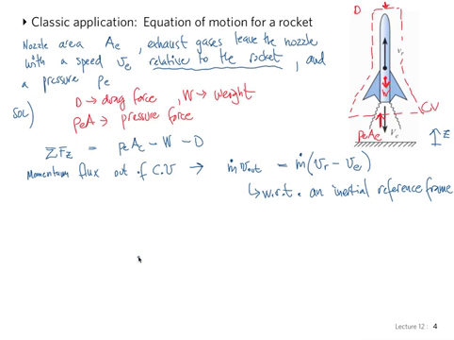And there's also an unsteady term, like in the example we've just done with the moving block. The unsteady term is like an accumulation of momentum in the control volume.